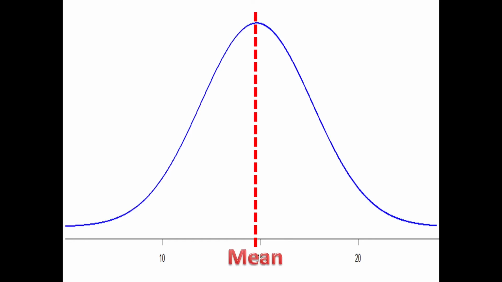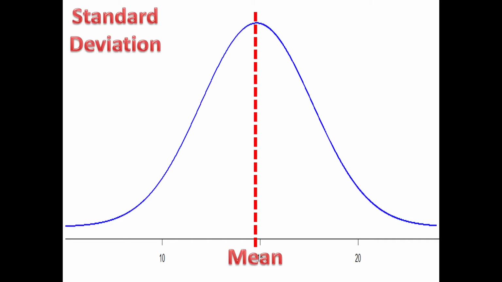The central limit theorem states that the more samples you take, the more normally distributed your data will be. On a normal distribution, the curve will look like this. As you see, the mean is in the center. The standard deviation is a measurement of variation that measures the average distance a data point is from the mean.